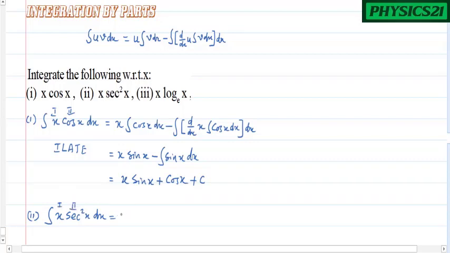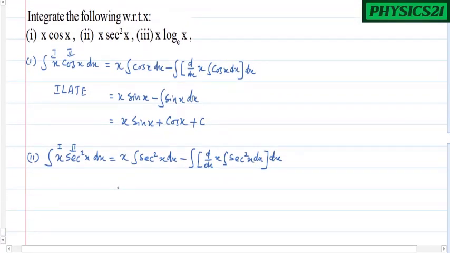I apply first function means x, integration of sec square x dx, minus integration of d by dx of first, x, times integration of second, sec square x dx, then integration of all. Solve it.